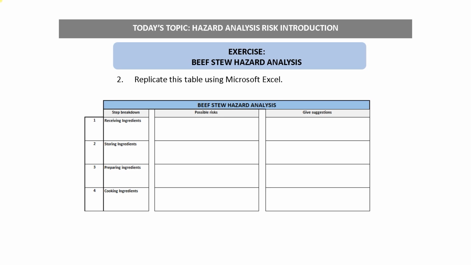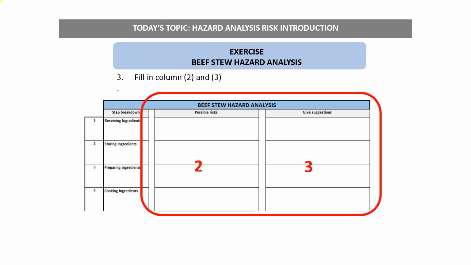Once you have replicated this table, with the help of the internet and chapter 5, I will ask you to fill up the following columns: the possible risk and the suggestion.